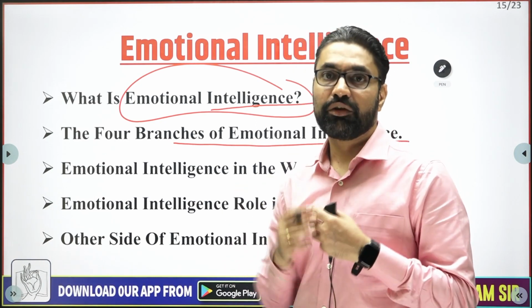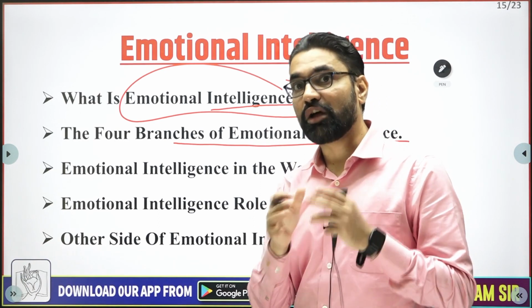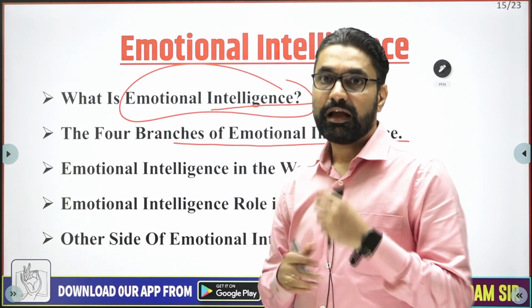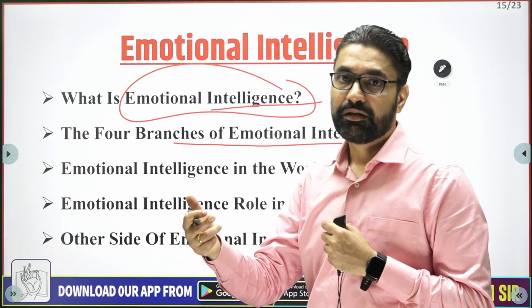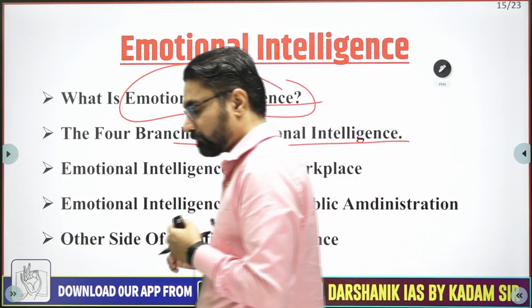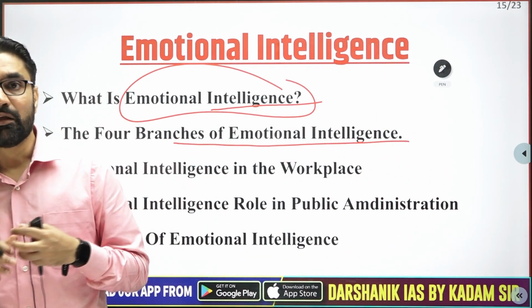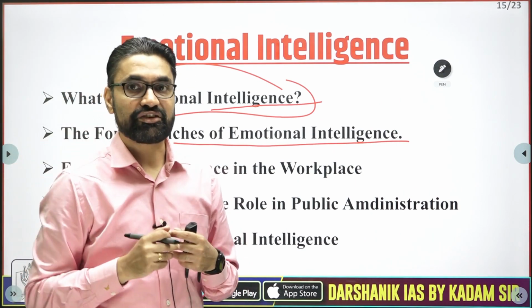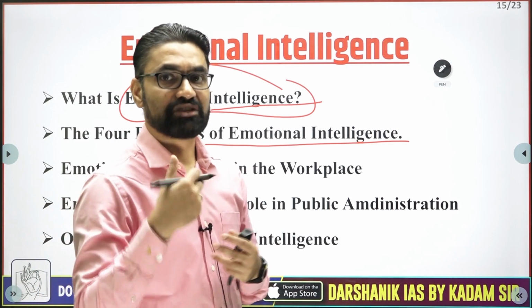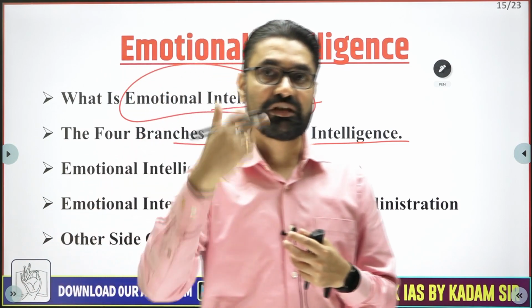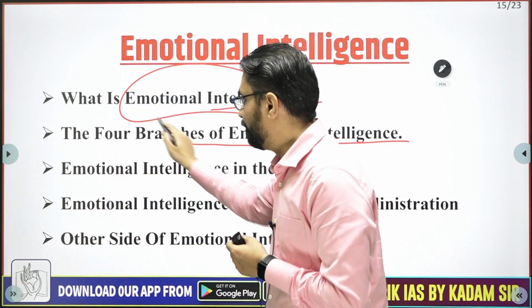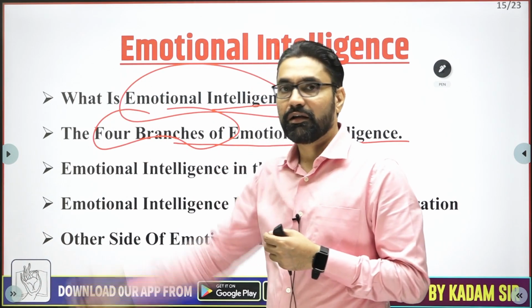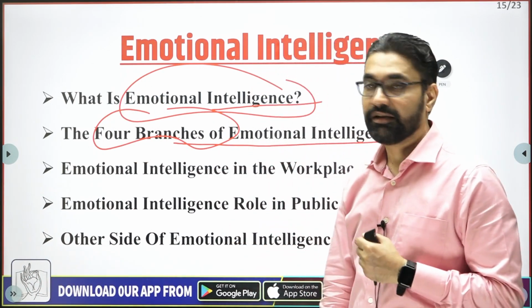Then reasoning with your emotions: are these emotions good or bad in this particular situation? And then emotional management, how you should be managing or controlling your emotions and taking action. So emotional perception, emotional understanding, emotional reasoning and emotional management are the 4 processes under emotional intelligence that we will discuss in detail.